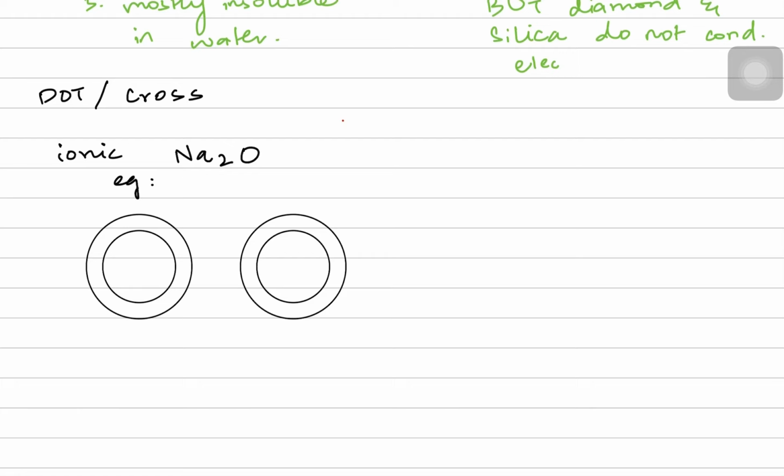You will put proton number 11 for sodium and proton number 8 for oxygen. You will put their electrons using dots for sodium, for the sodium positive ion, which has a configuration of 2, 8. For oxygen, you will write the configuration 2, 8 because it's not just oxygen, it's the oxygen minus 2 ion. And here you will pick crosses.